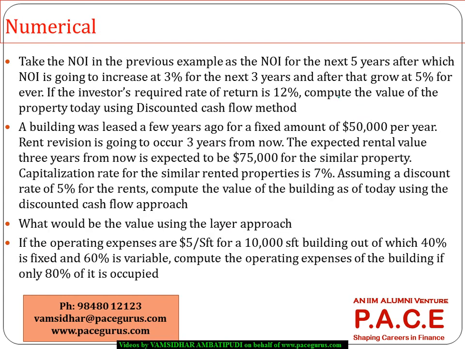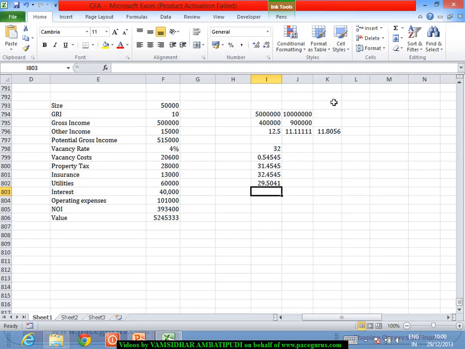So all it is saying now is take the NOI in the previous example as the NOI for the next 5 years. So this is the NOI I have got.